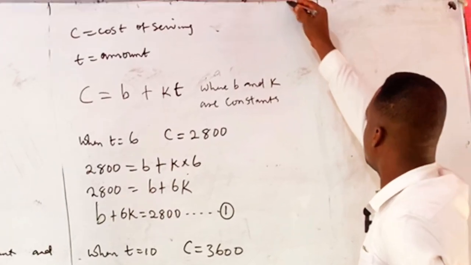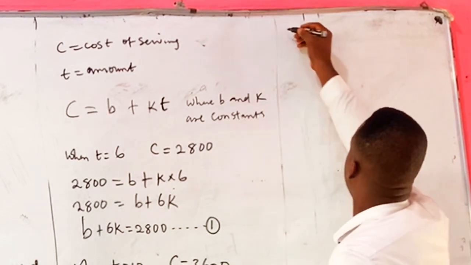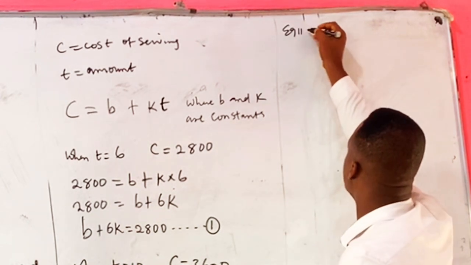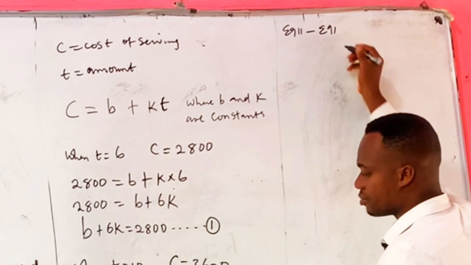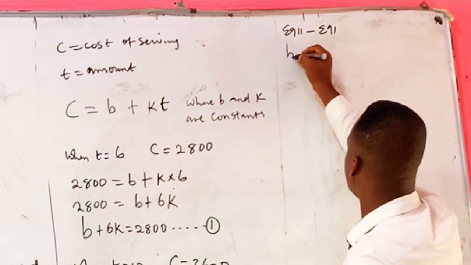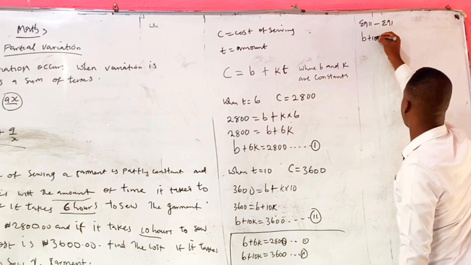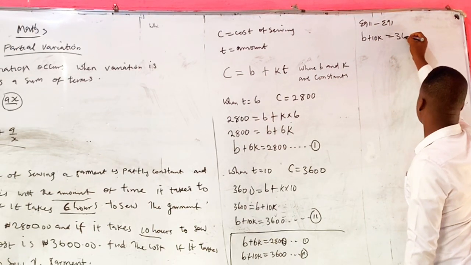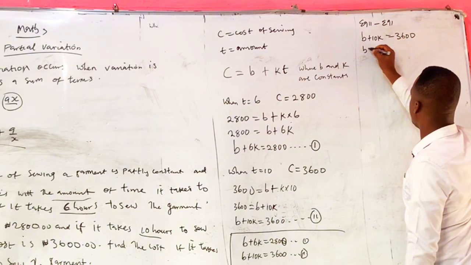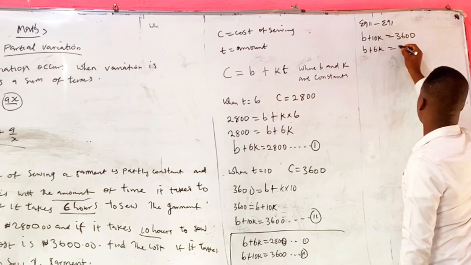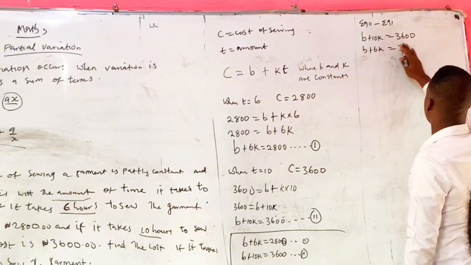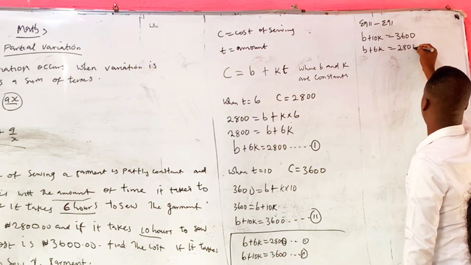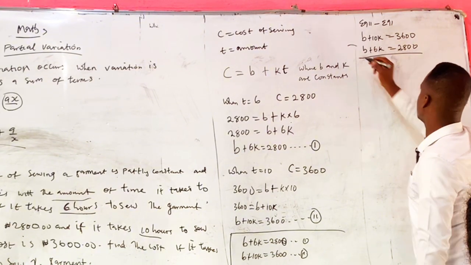So we're going to do equation 2 minus equation 1. So I'm going to bring equation 2 up now. B plus 10K is equal to 3,600, minus equation 1, B plus 6K is equal to 2,800.